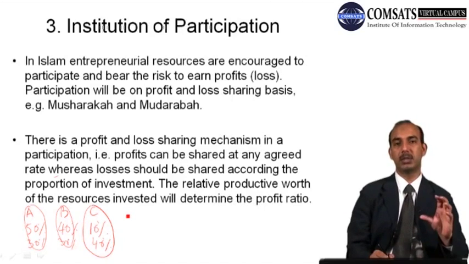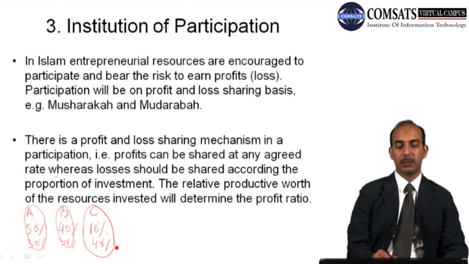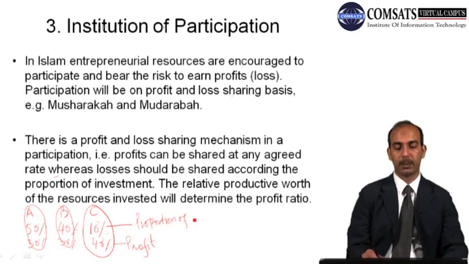But when it comes to sharing the loss, what will happen? Profits will be shared according to the agreed ratio, but losses will be shared according to the proportion of the capital. So you see here, the profit is according to the agreement.